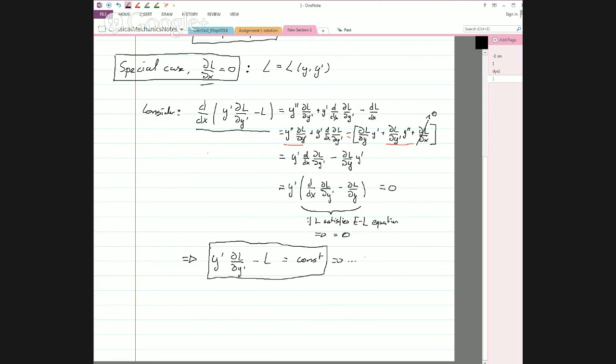If you do the math, you'll find that this is an equation for dy/dx equals something. And that's a first order ODE for y. Our problem is always a matter of solving for y that minimizes the integral of L. And the Euler-Lagrange equation gives us a second order ODE for y. So that's why when L does not depend explicitly on x, we can use this shorthand, which will give us a first order ODE for y.